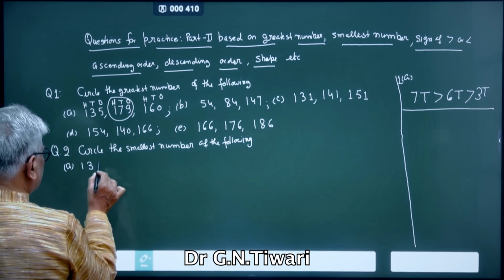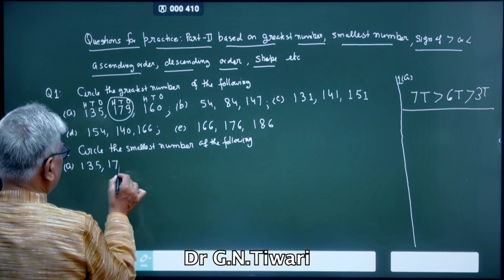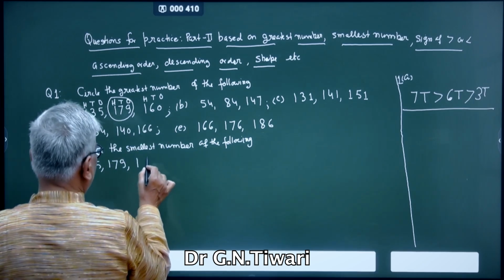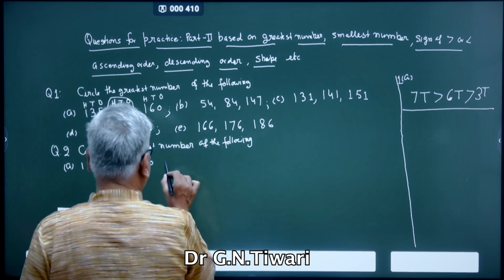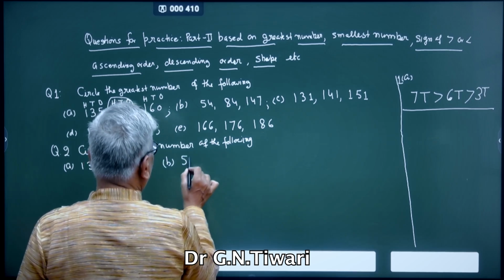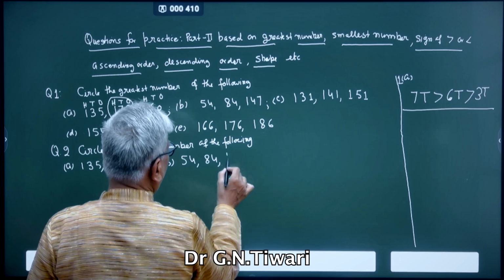A: 135, 179, 160, same thing. Again I am writing the same. B: 54, 84 and 147.